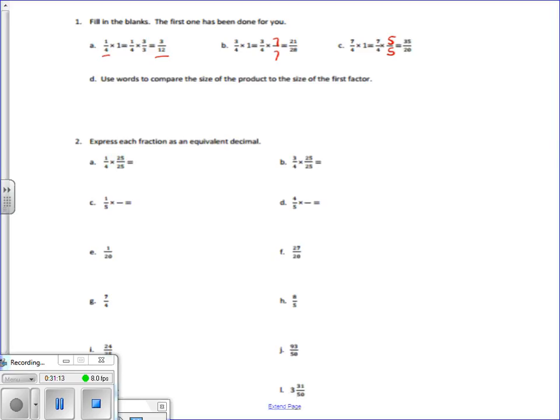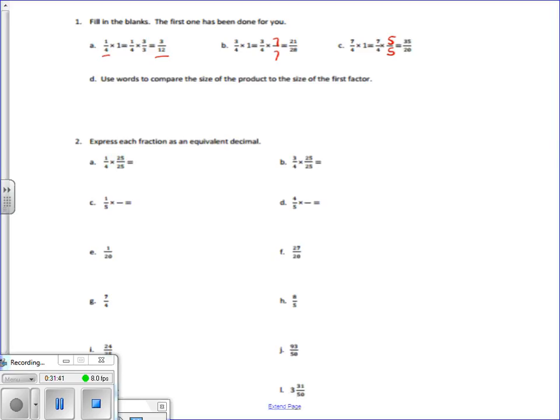We multiply by 25 over 25, 125 over 125. We're multiplying by 1. So our product is equal to our first factor. Every time. It's equivalent because we're multiplying by 1. It looks bigger, but it's still equal.